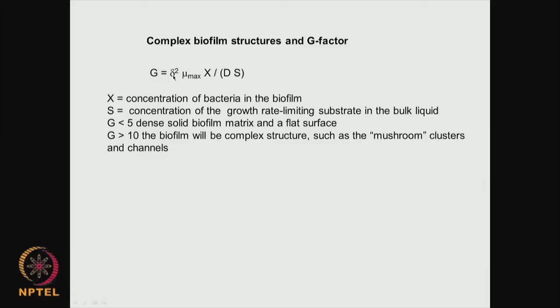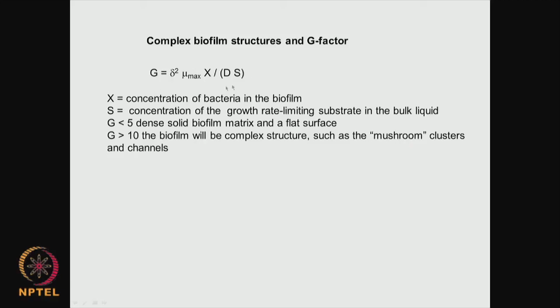Delta is the thickness of the biofilm, mu max is your Monod term maximum, x is the concentration of the bacteria in the biofilm, d is the diffusion coefficient, and S is the concentration of the growth rate limiting substrate in the bulk of the liquid.